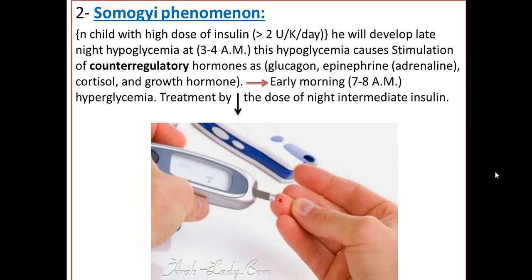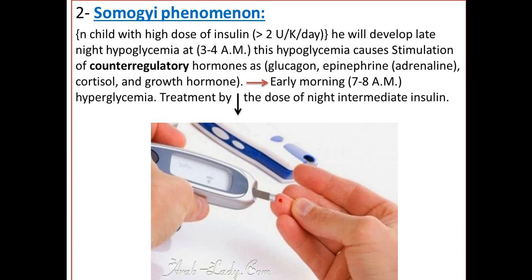We have to remember another phenomenon. We call it the Somogyi phenomenon, especially in those who are taking a high dose of insulin, more than 2 units per kg per day, as required to maintain a normal level of glucose. They will develop late night hypoglycemia between 2 and 4 a.m. This hypoglycemia will cause stimulation of the counter-regulatory hormones like glucagon, epinephrine, cortisol, and growth hormone.